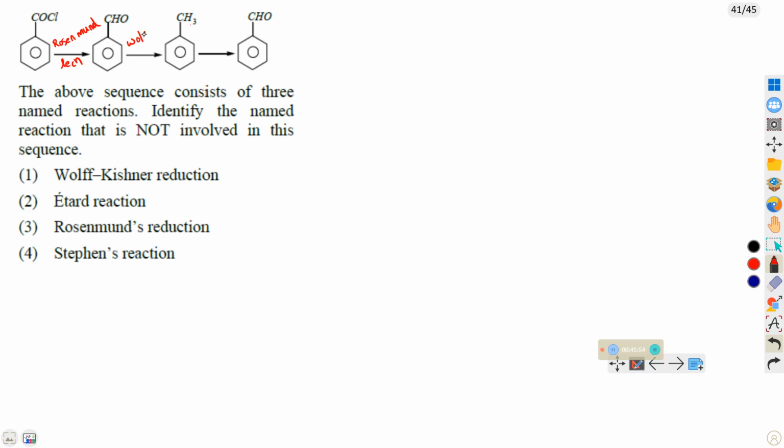Wolff-Kishner reduction. Benzene is converted to benzaldehyde. Etard reaction. Which reaction is not involved? Stephen's reaction is not involved. In Stephen reaction, cyanides react with SnCl2 plus HCl, then it gives aldehyde.